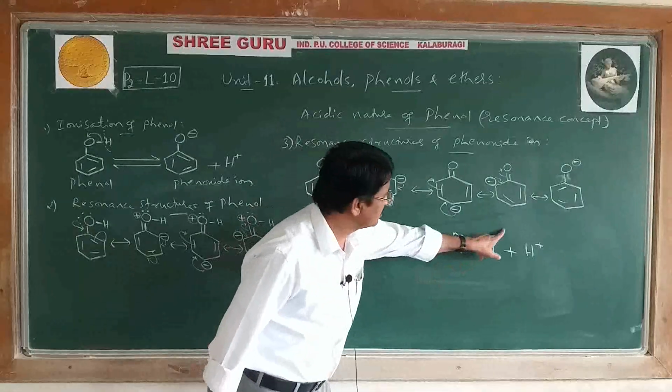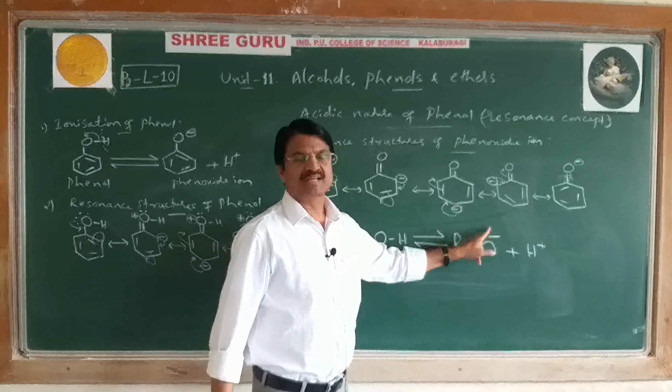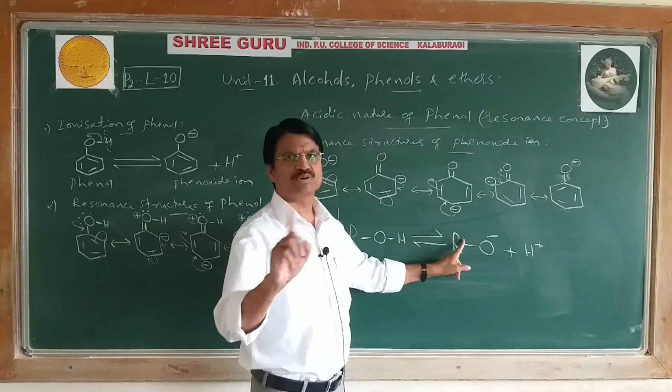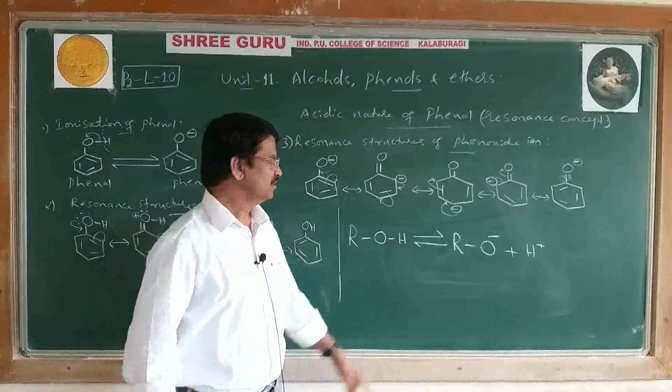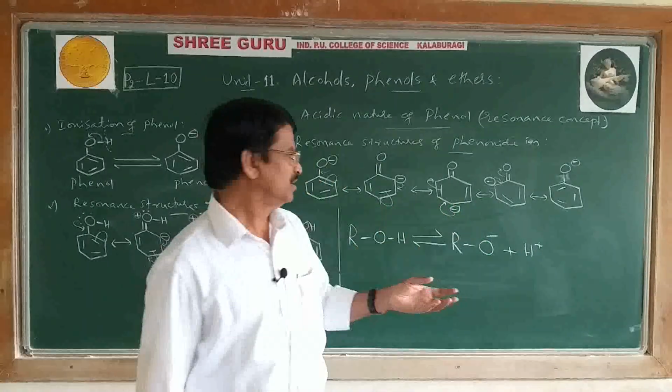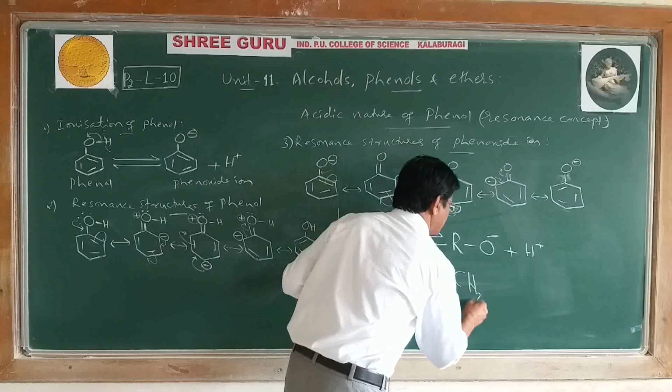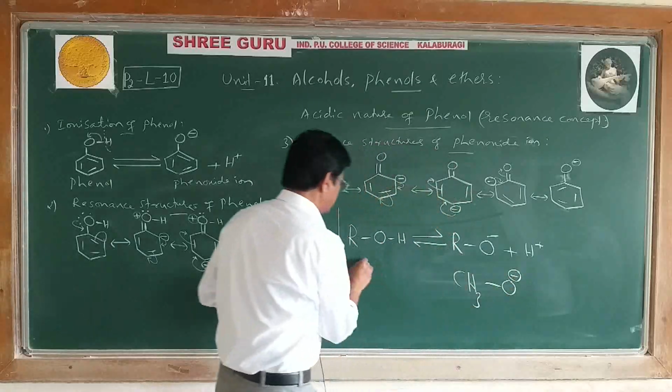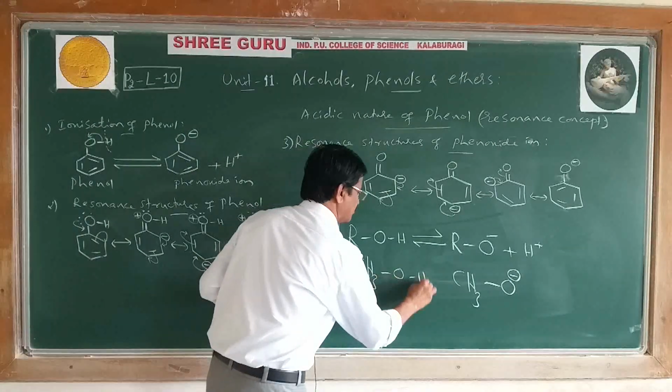But the negative charge on O is not delocalized. It is not undergoing delocalization with the R group, because the R group is methyl, ethyl, propyl, and they increase electron density. Example, CH3O negative. This is CH3OH.